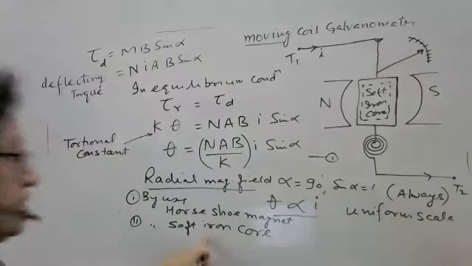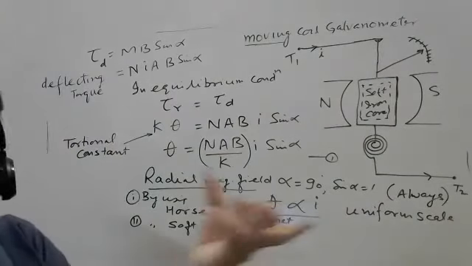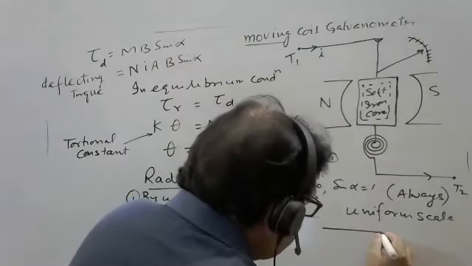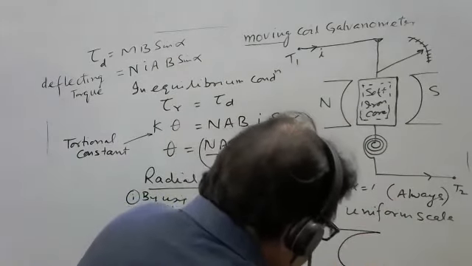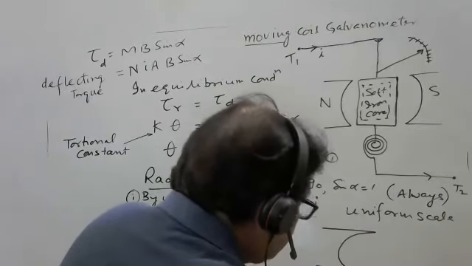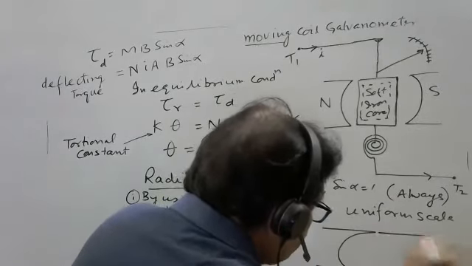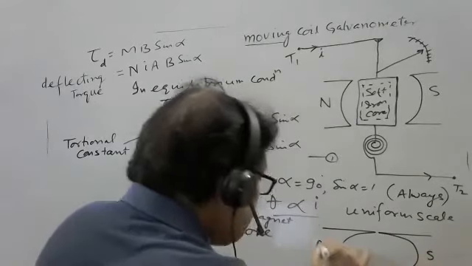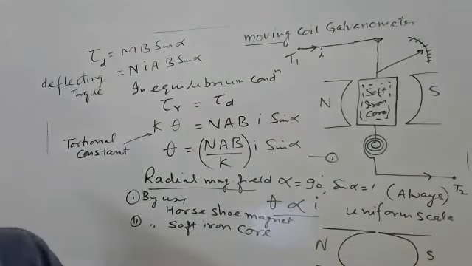Horseshoe magnet means the shape of the magnet is like a horseshoe. Here the shape of the magnet is like the horseshoe.